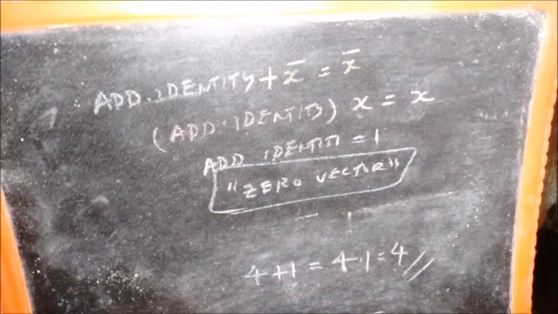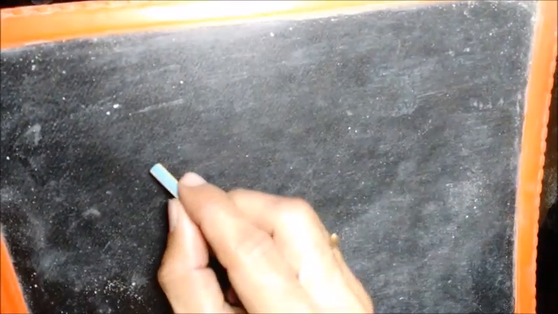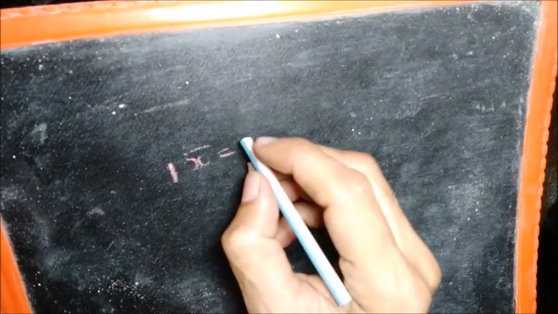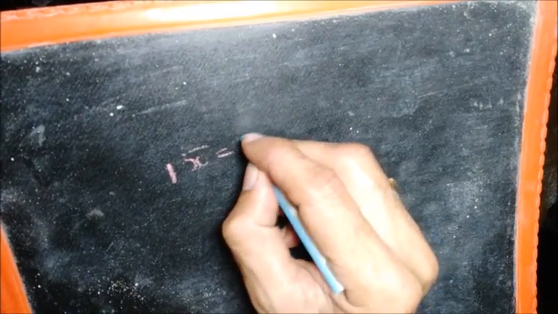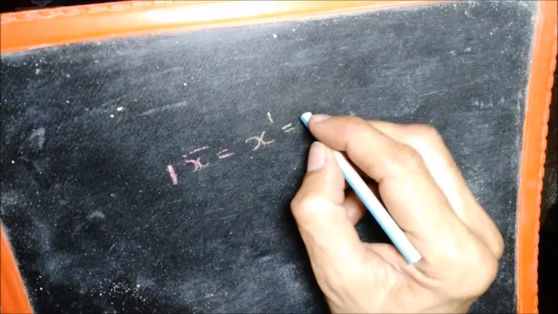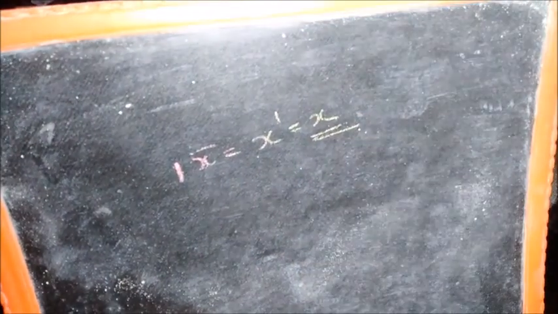And finally, we can also see that 1 into x, the way we have defined scalar multiplication, is x raised to 1, which will be equal to x.